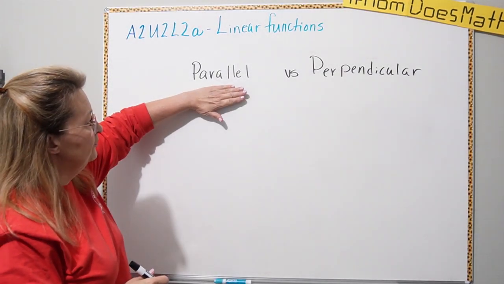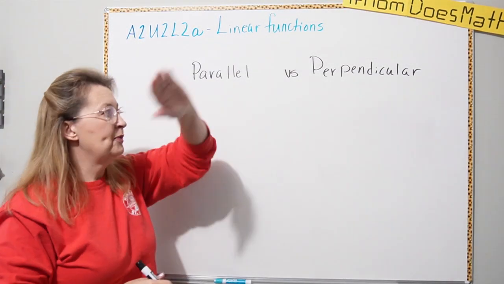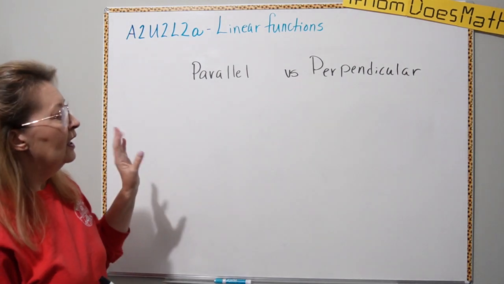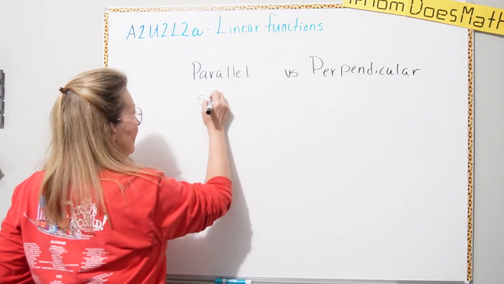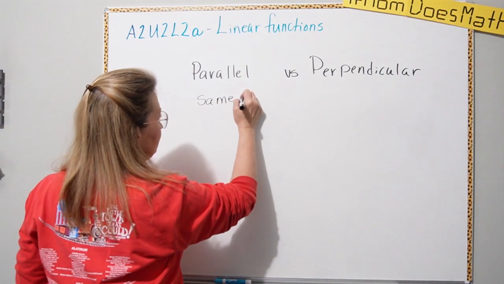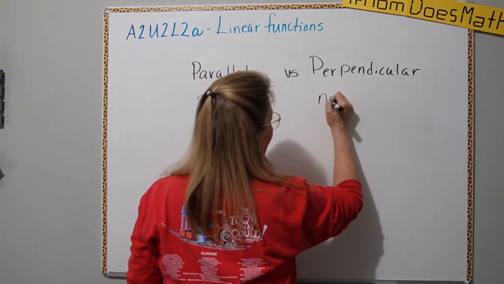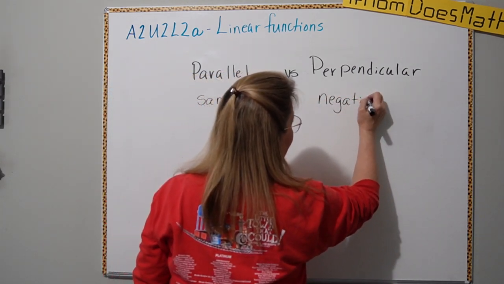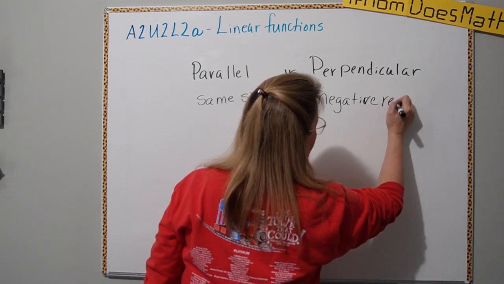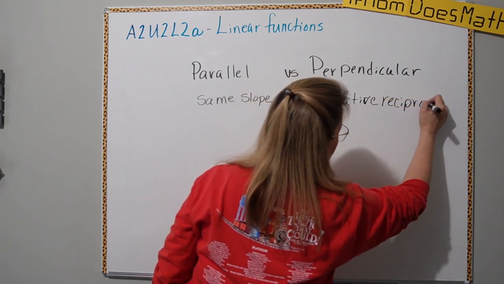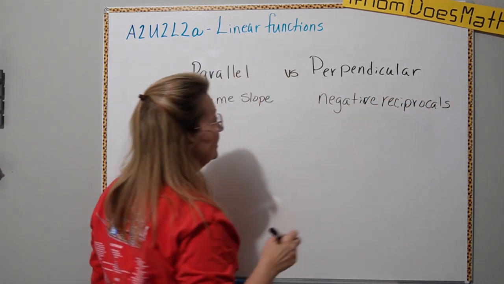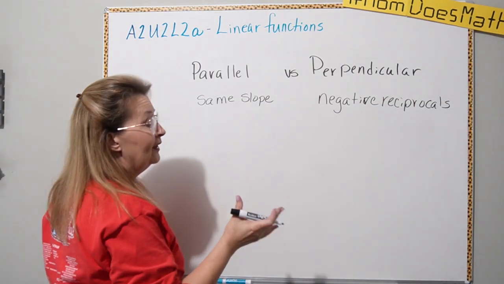Now let's talk about the difference between parallel versus perpendicular slopes. Lines that are parallel have the same slope, whereas lines that are perpendicular have slopes that are negative reciprocals. Now, what's a negative reciprocal? Well, you know what negative means.